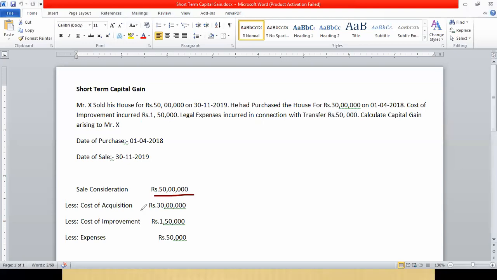Take the sale consideration and reduce the cost, and you will get the short term capital gain. Just take the sale consideration minus purchase cost, improvement cost, and other expenses in connection with transfer.